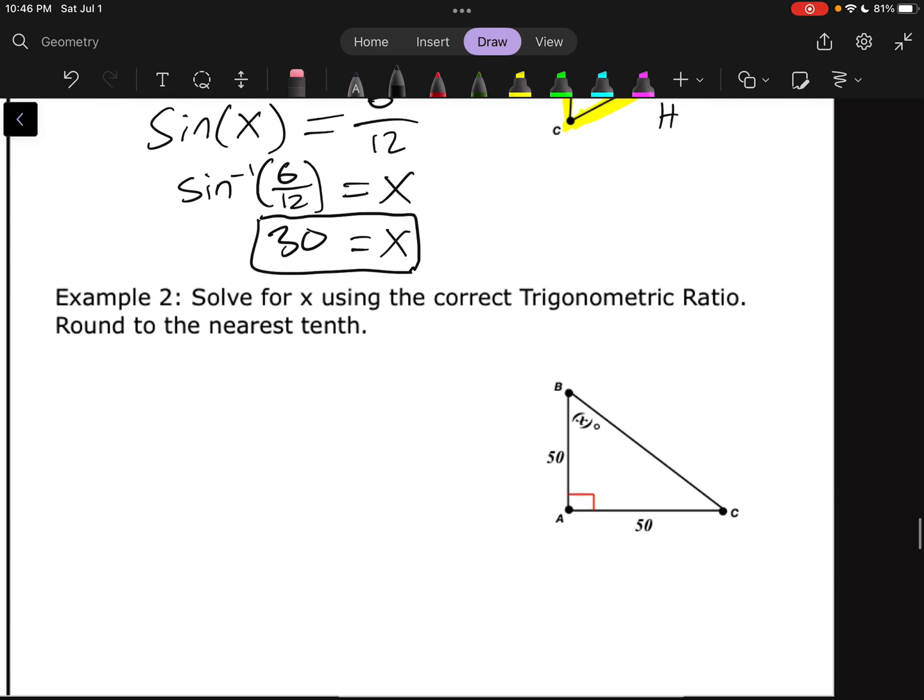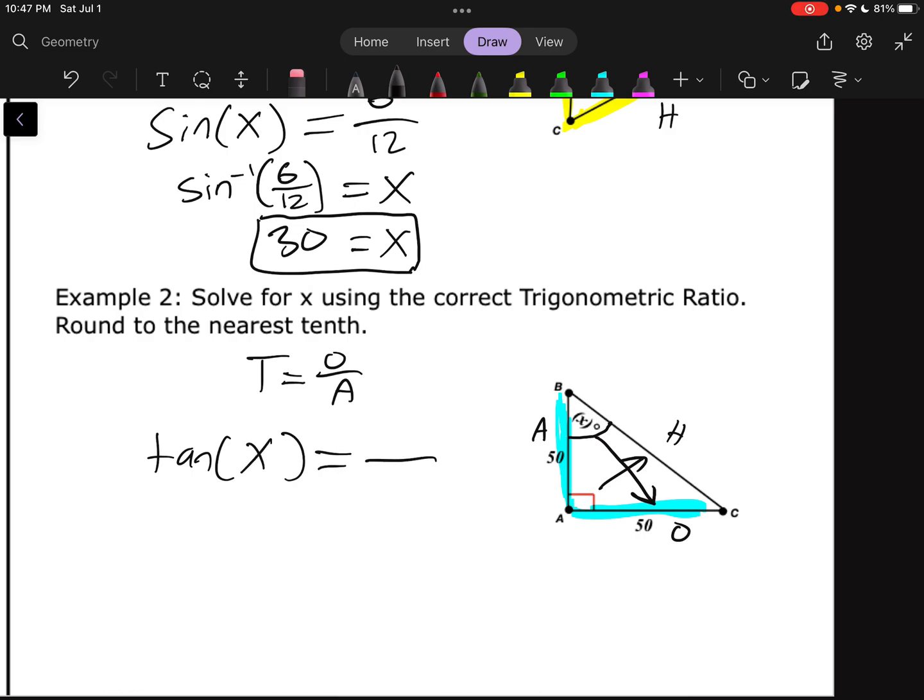Let's try it again here. You're going to see that these ones go pretty quickly. We start at the angle. We draw the arrow. That is our O. This is our H. This is our A. I notice on this one that my two sides are O and A. And I know that O and A go with tangent. Tangent is the one that is O over A. So I set up my equation.